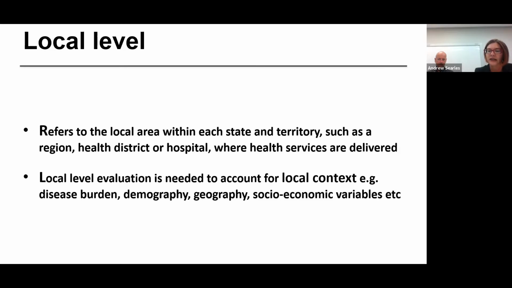So for example, here in the Hunter, New England area, we have quite wide-ranging populations. We've got metro, we've got rural, and we've got remote, and making health services decisions in the health service across all of those different populations is important.